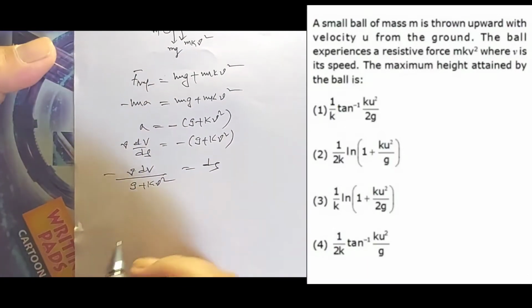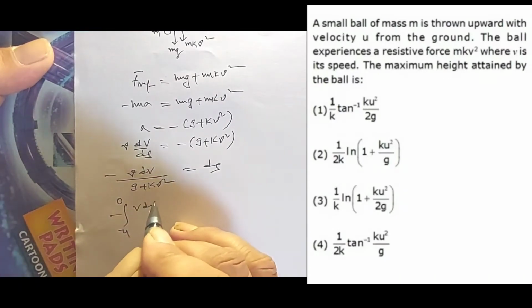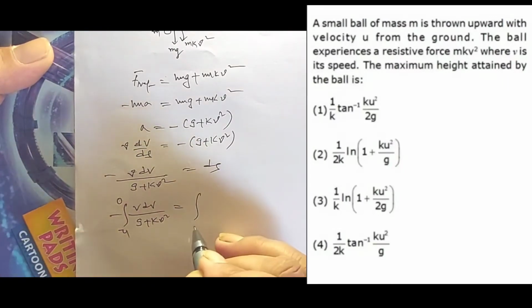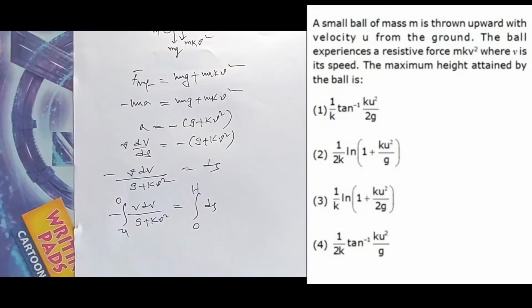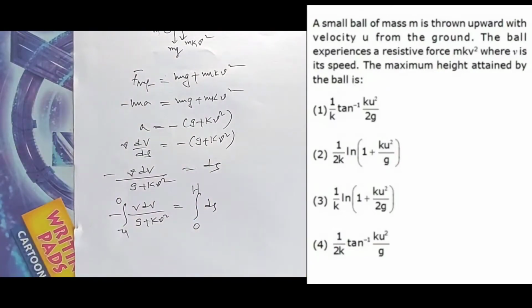We integrate the above equation from initial velocity u to 0, minus of v dv by (g plus k v square), equal to the integration of ds from 0 to maximum height h.